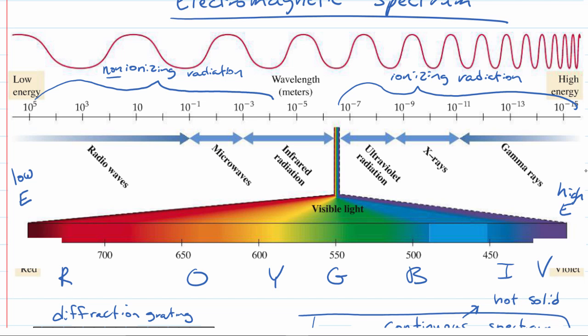High energy means that the frequency on this side is going to be high as well. Remember that high energy corresponds to high frequency because they're proportional. But what does that do to the wavelength? Shortens the wavelength. So as we increase the frequency, we decrease the wavelength.